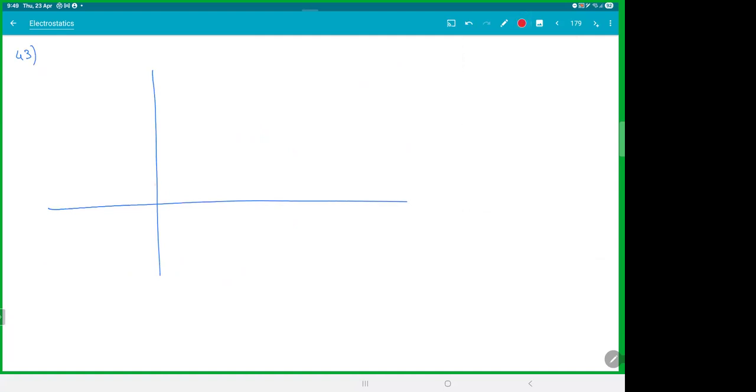So let's say we have two charges here, plus Q and minus Q. The distance is D. Let's say the value of Q is 2 into 10 power minus 3 coulombs. Small d is, let's say, 3 millimeters. There's a point here at a distance of root 3 comma 3 meters.